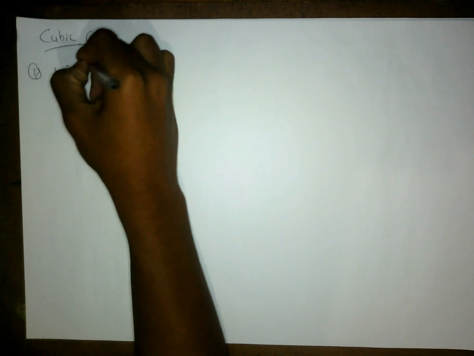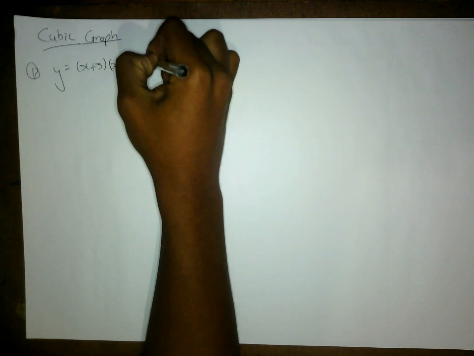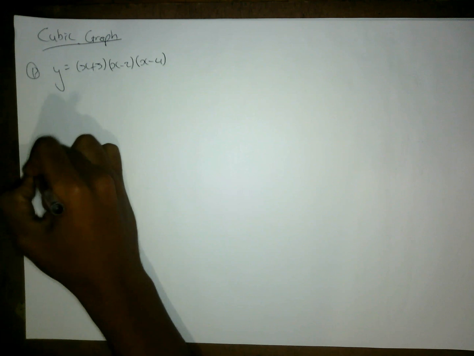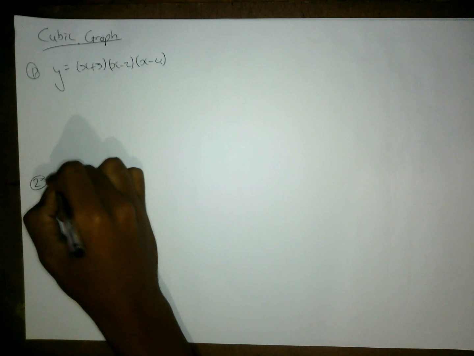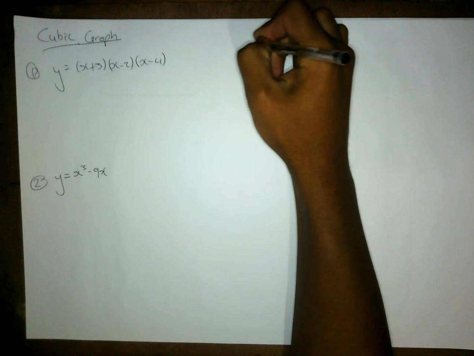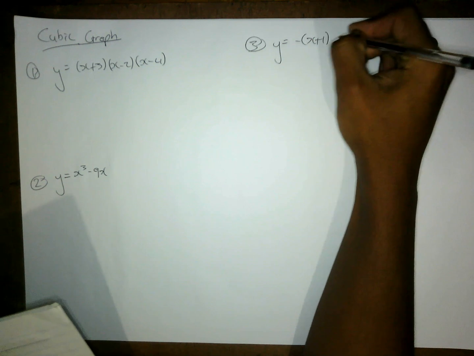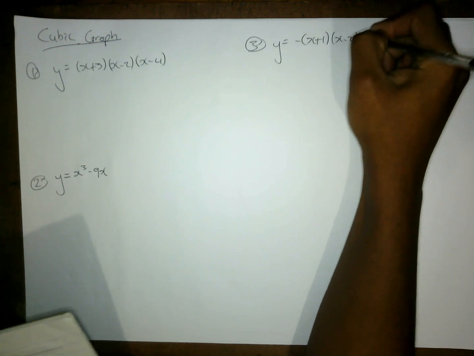This next one is cubic graphs. That's also very easy. I have three examples here. Number 1: y equals x plus 3, x minus 2, x minus 4. Number 2 is saying y equals x. Number 3: x plus 1, x minus 2 squared.